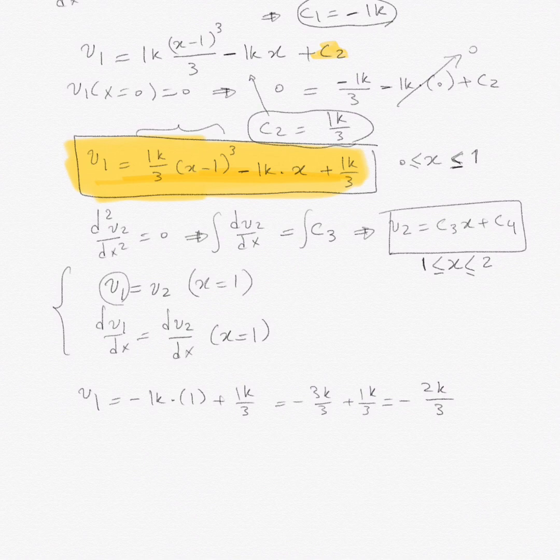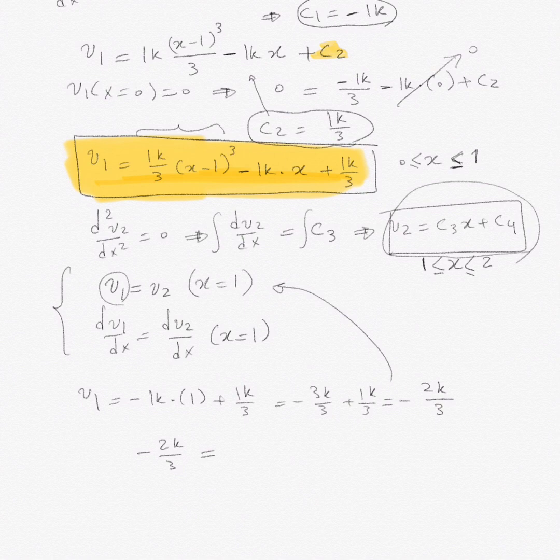So what about V2? Let's apply it, put it in this equation. The left hand side becomes negative 2k over 3, which is V1, is equal to V2. V2, according to this equation, is C3 times x plus C4. But what is my x?